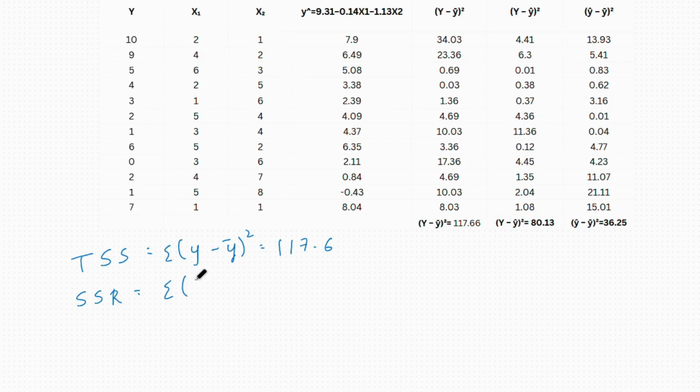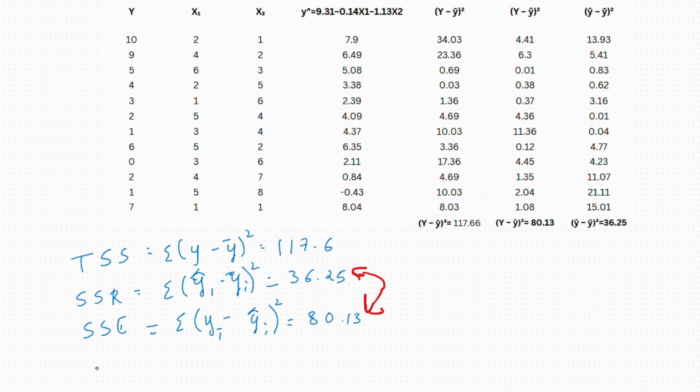Sum of squares of regression is equal to summation of (yi cap minus y bar) whole square, which is equal to 36.25, and SSE is the sum of squares of error, summation of (yi minus yi cap) whole square, which is equal to 80.13.